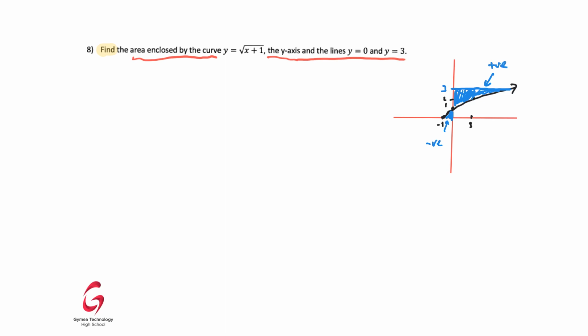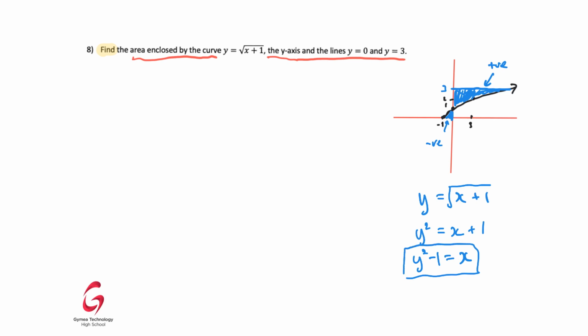But before we begin any integrating, we're going to have to change the subject of this curve, so x is the subject. So squaring both sides, we get y squared is equal to x plus 1, which means y squared minus 1 will equal x. So this is now the function we're going to have to integrate.